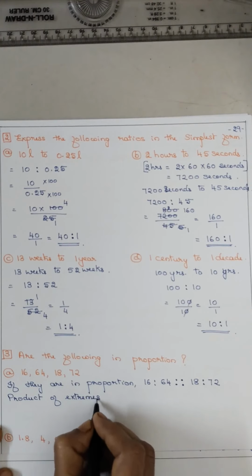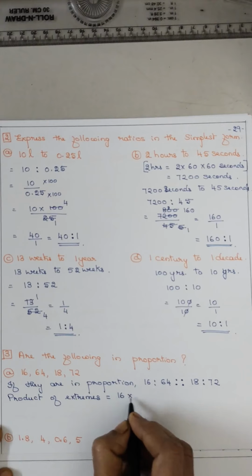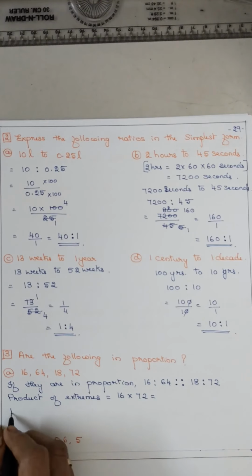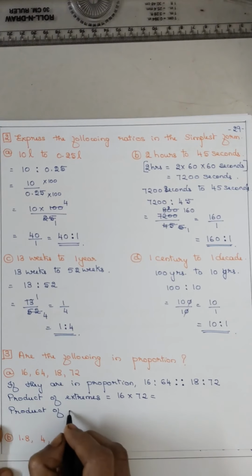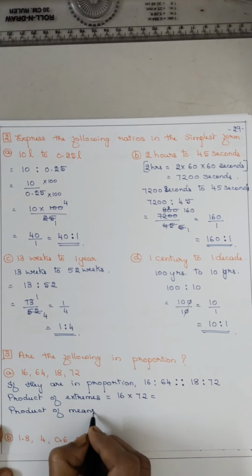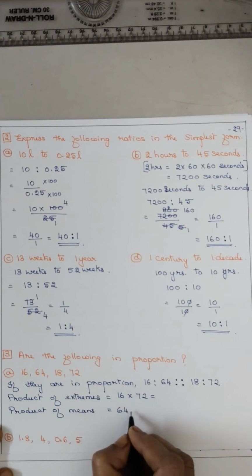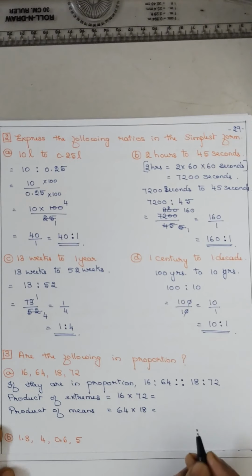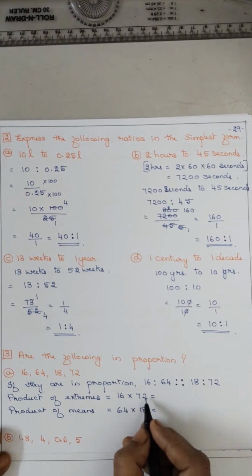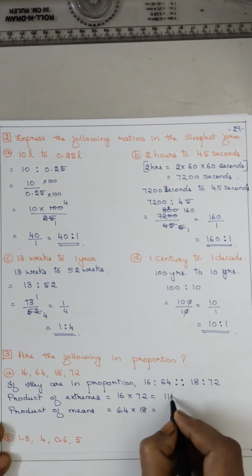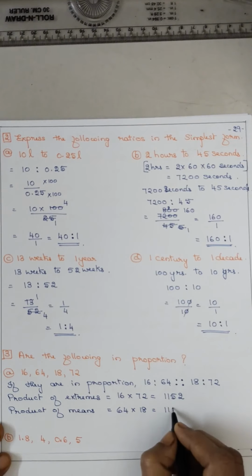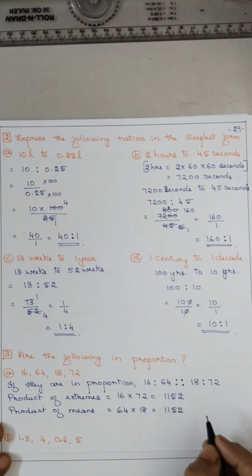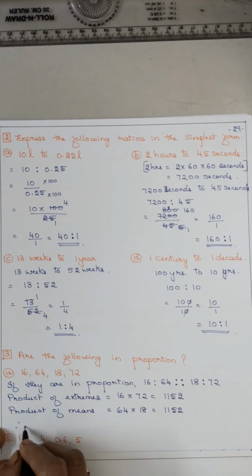Extremes means first and the last. 16 into 72. Product of means, that is second and the third. 64 into 18. When you multiply 16 into 72, you will get 1152, and 64 into 18, again you will get 1152. Therefore, they are in proportion.